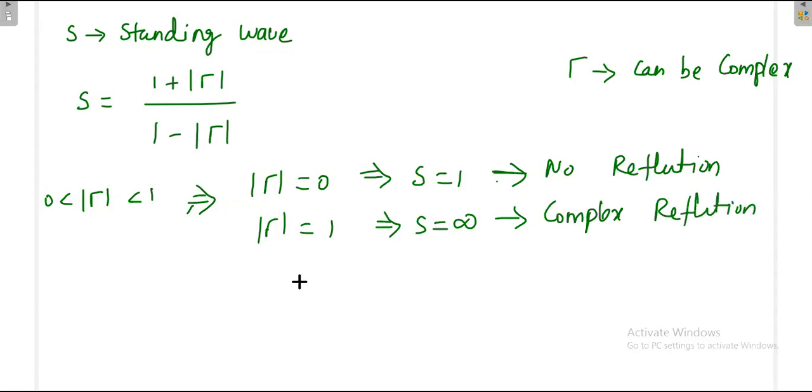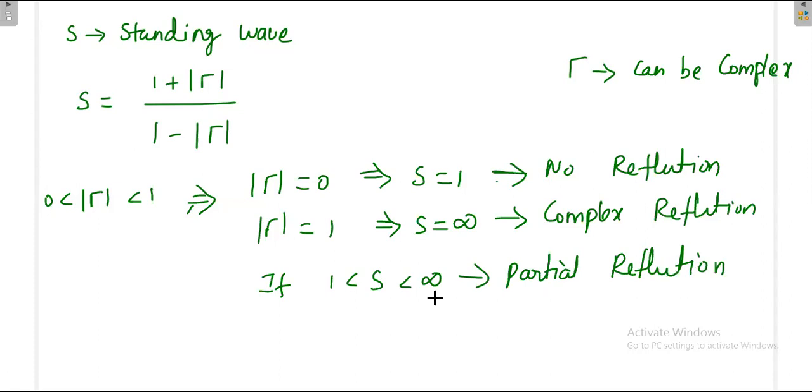Then what is the meaning of S? If S is between 1 and infinity, there will be partial reflection. One thing is very clear: as the S value increases, the amount of reflection increases.